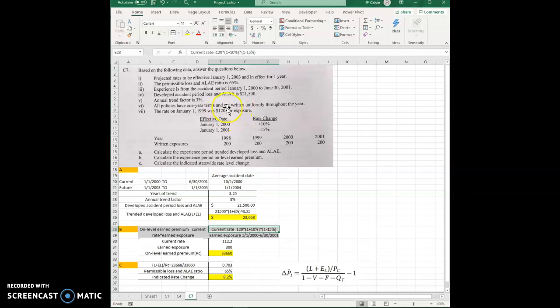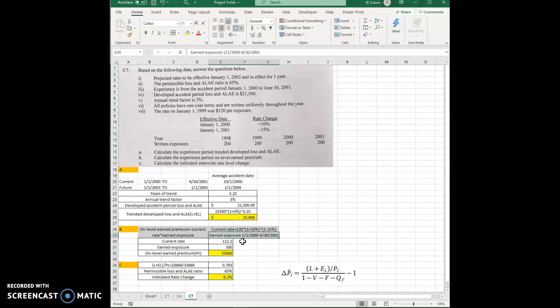So we use the original rate times 1 plus the first rate change, which is 10%, times 1 plus the second rate change, which is negative 15%, and we get the current rate, 112.2.